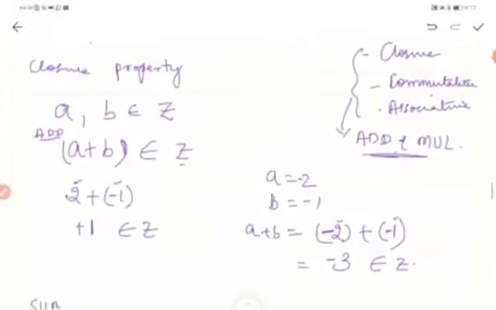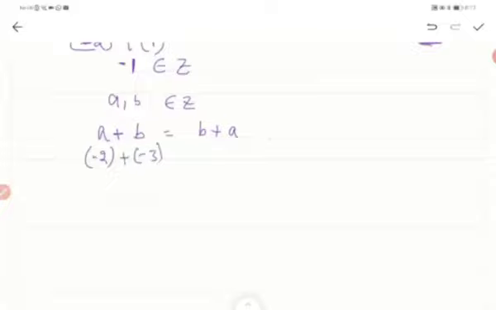This was your closure property, right? Now commutative property. If my a and b belong to integers, a plus b should be equal to b plus a, isn't it? So if I take minus 2 as a plus minus 3 as b, I can write this as minus 3 plus minus 2.